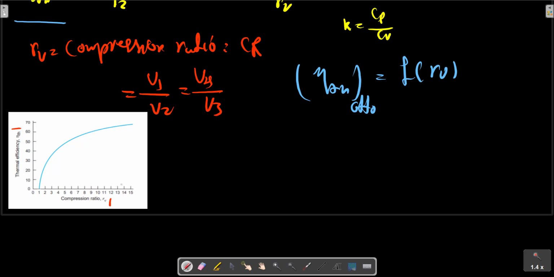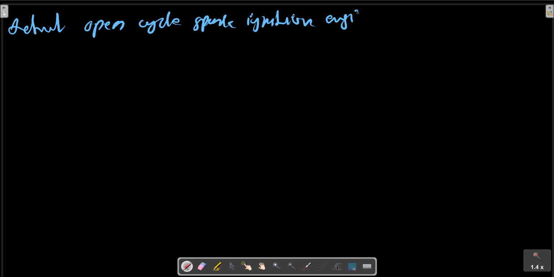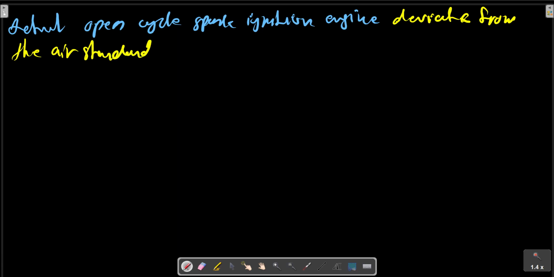Some of the most important ways in which the actual open-cycle spark ignition engine deviates from the air standard cycle are as follows.